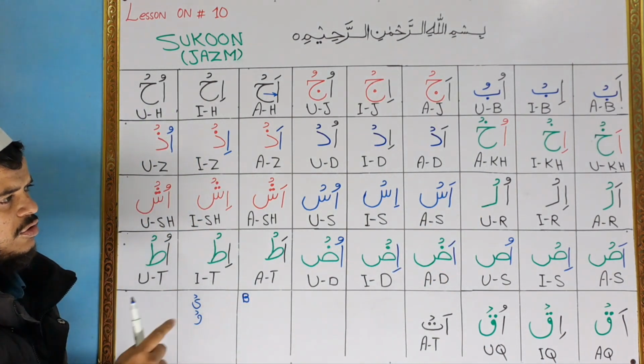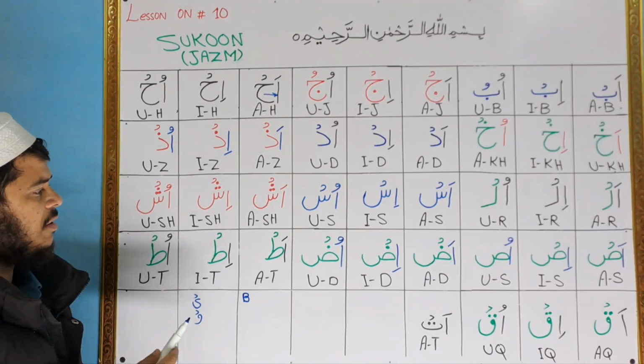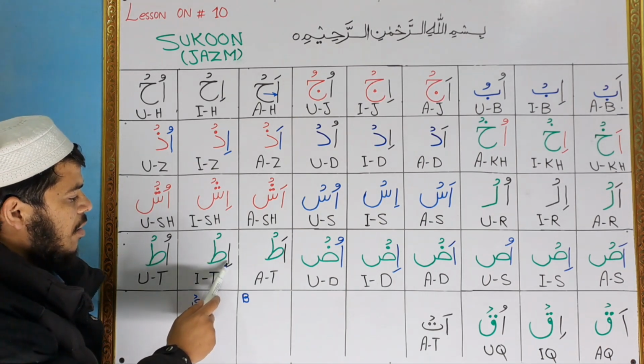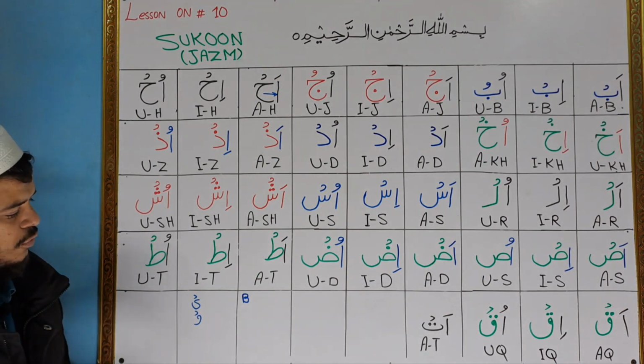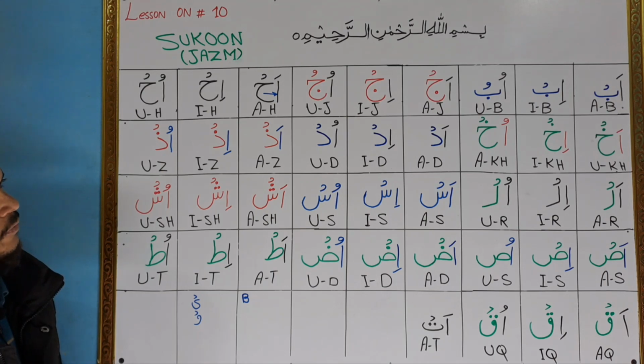Besides these two letters, each letter is going to give its first letter sound. Let's say the letter ta is starting with t, so after the vowel sound we are going to add the t sound for sukoon. But in this exercise there are two types of sounds.